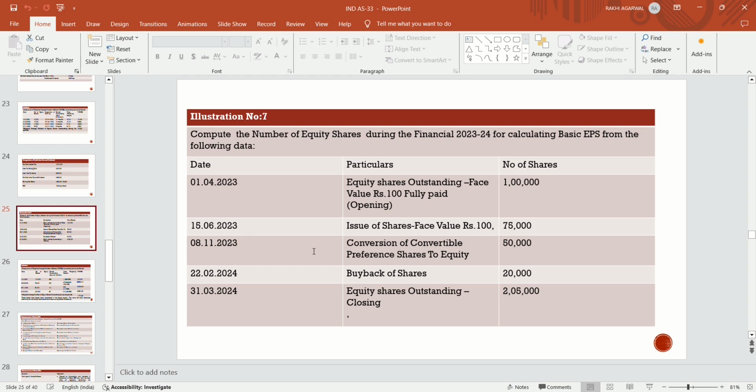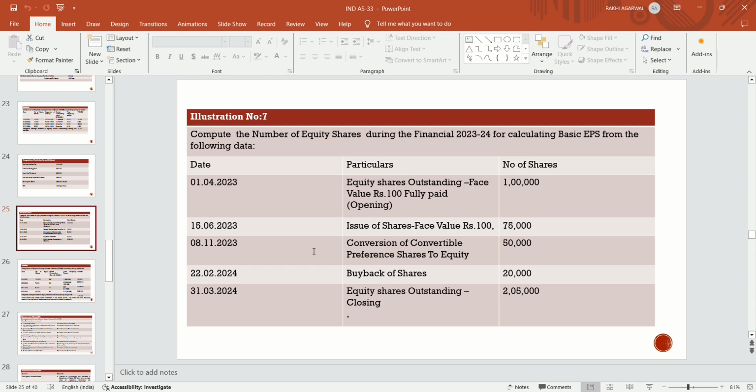But if the dates are like the end of the month, the beginning of the month, the mid of the month like 15th January, like 1st February, like 31st March, then we will calculate with the help of months by taking the time weighting factors in months.